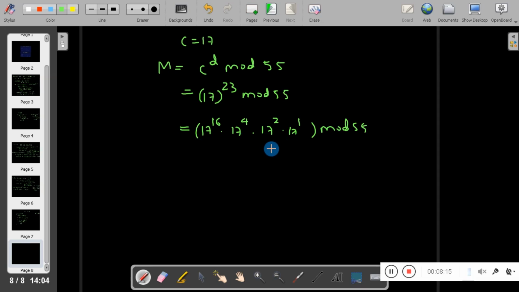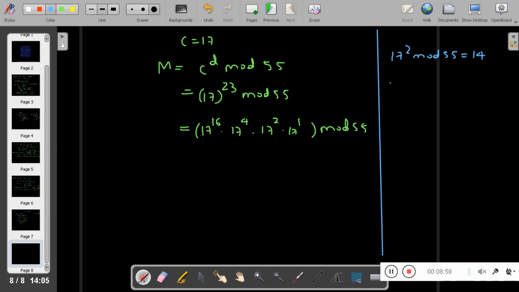So let us first find 17 raised to the power 2. When you calculate 17 raised to the power 2 mod of 55, it gives you the answer 14.